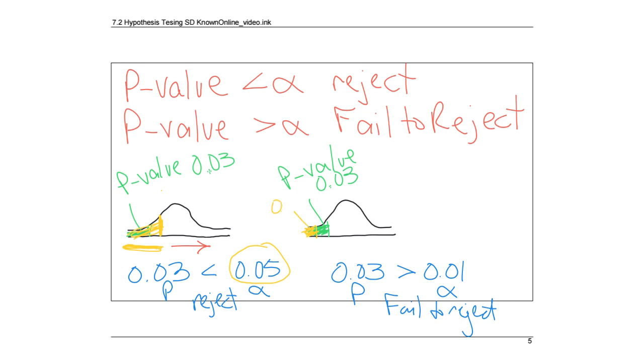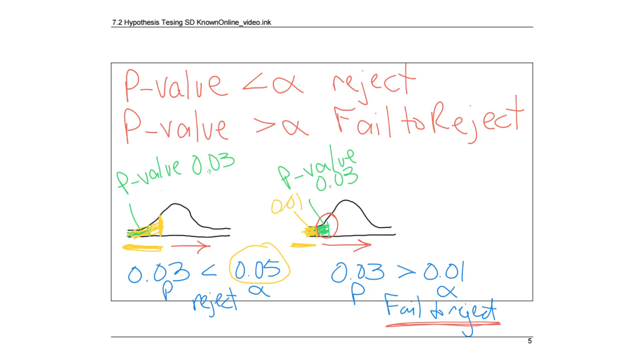This is my 0.01. And so this is my rejection region over here. This is my fail to reject region over here. And you can see that I have some of my data values in the fail to reject region. And so I'm not sure if I can reject or fail to reject, and therefore I'm going to fail to reject. So I hope that gives you a little bit of a visual.